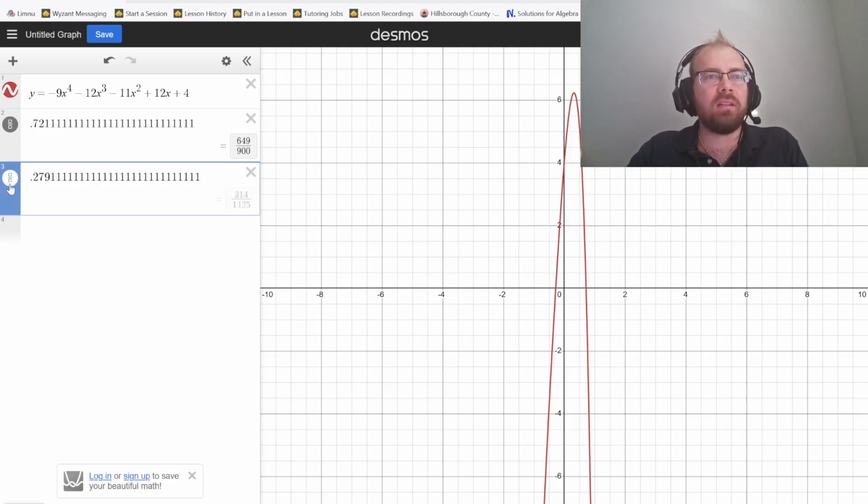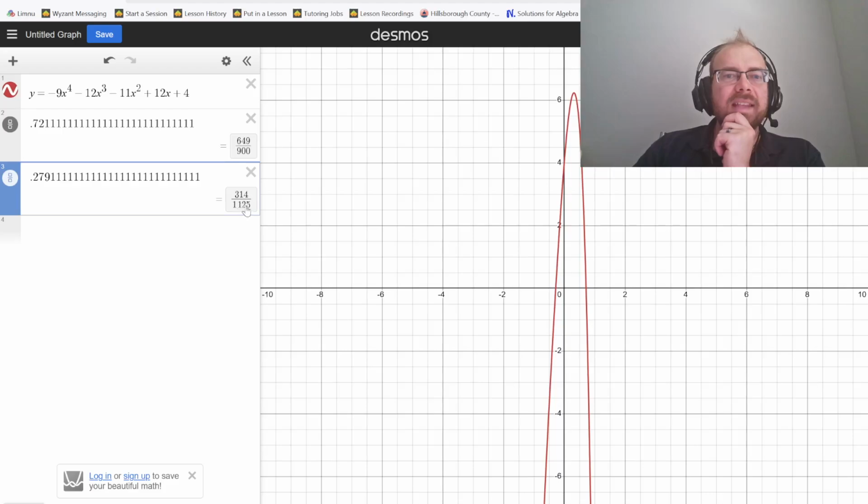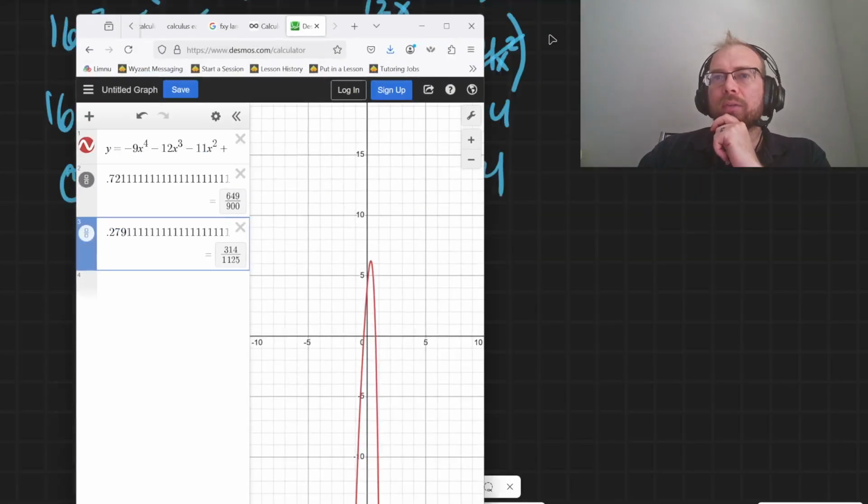Okay, and then change that into a fraction. It's not even the same denominator. I don't know, guys. I don't know if these are actually rational solutions. They might not be rational solutions. But that's crazy. So that's what I'm actually getting there for those answers.